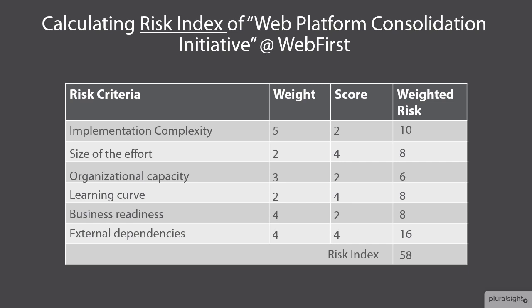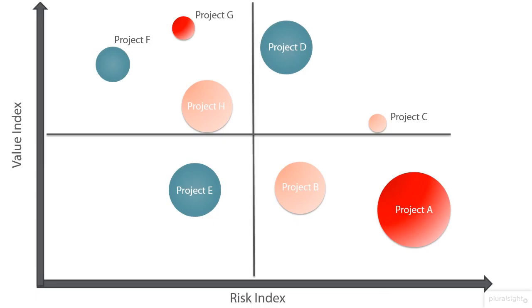Now the projects are plotted on a graph of value versus risk, and they are typically represented using bubble charts, which also indicate their relative sizes and the status of each initiative. So some of the initiatives may already be in flight, some may be in a proposal stage, and some may be in flight but delayed or blocked for various reasons.